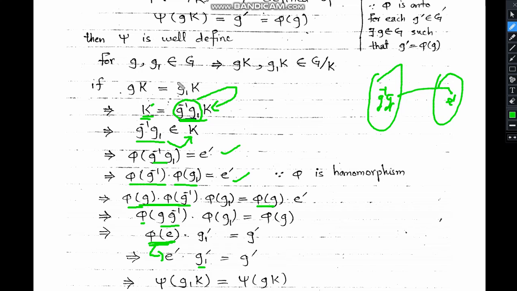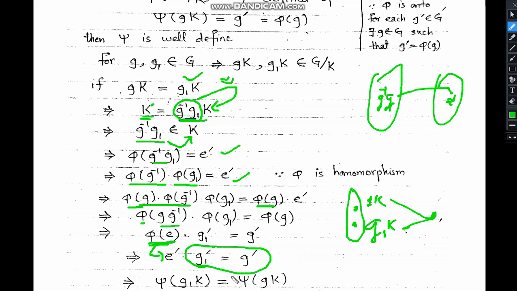So here we have seen that if the two elements are identical, I'm defining it again. Let us suppose there are two elements. The first element is gK, and the second element is g1K, and we are assuming that these two elements are being mapped on a particular element. As we have mentioned here, these two elements are equivalent. So here we see that this g and this g1 are not new elements, these are the same element, which is the mapping of psi.